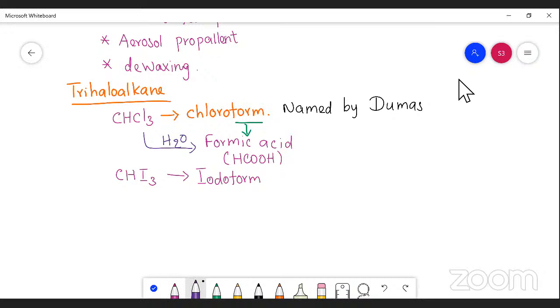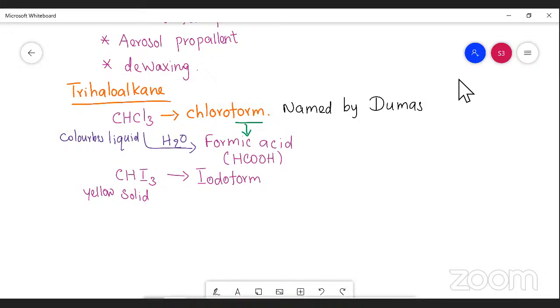Chloroform is a poisonous, sweet smelling, colorless liquid. But iodoform is a yellow crystalline solid.